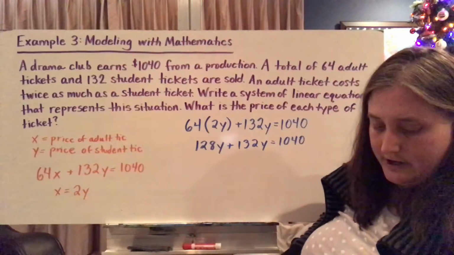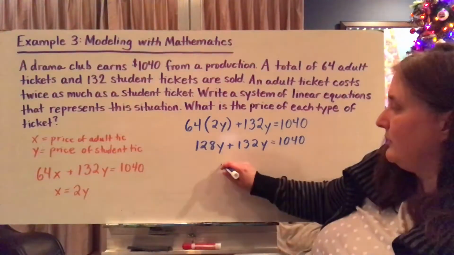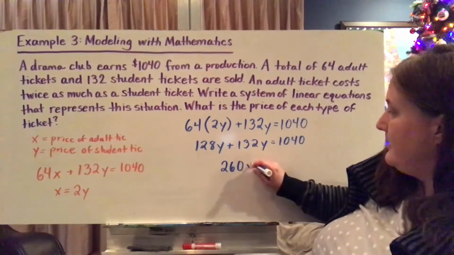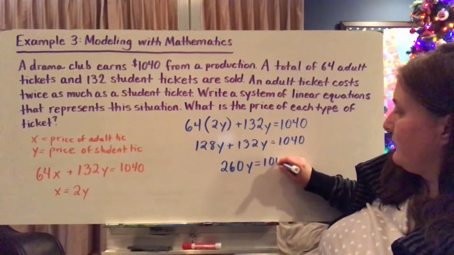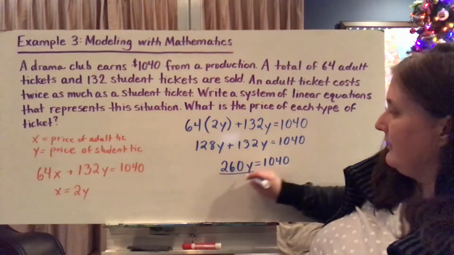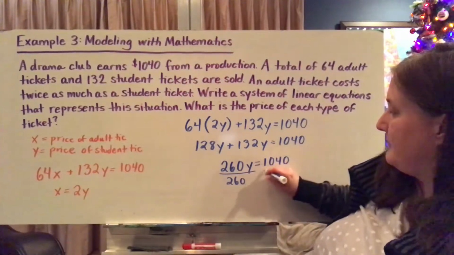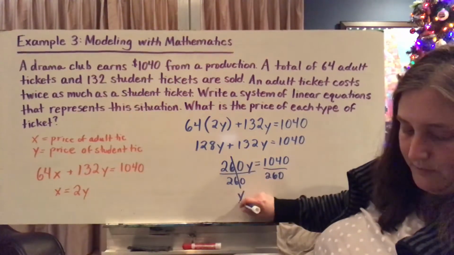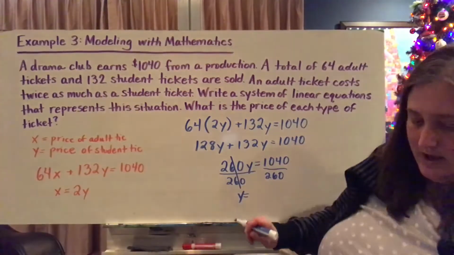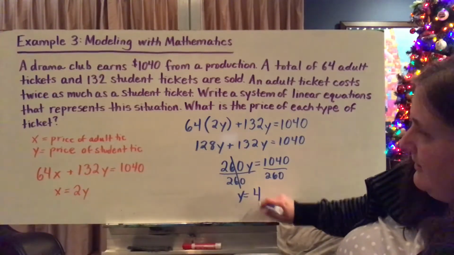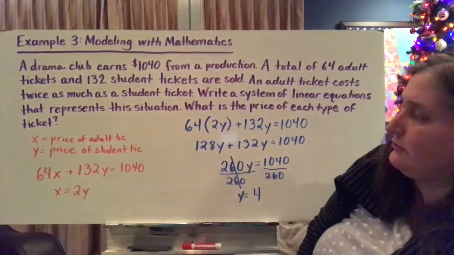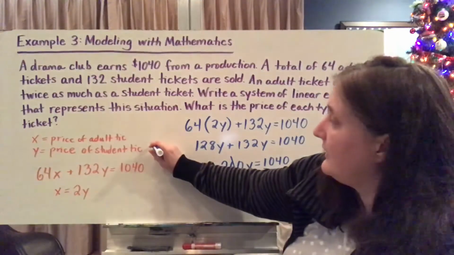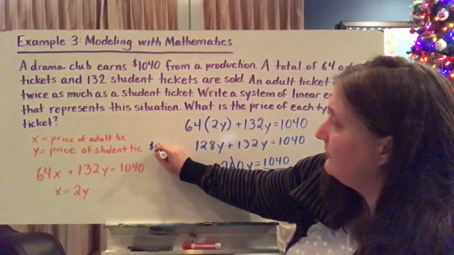So all together here, I have a grand total of 260y equals 1,040. I'm going to solve for y by dividing each side by 260. And for y, I get a value of 4. So y is the price of a student ticket. So a student ticket is $4.